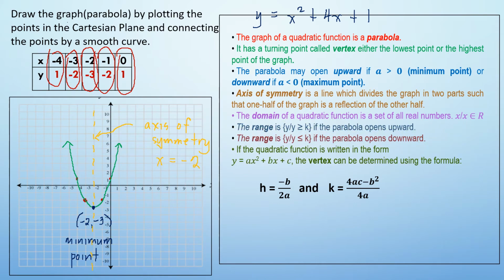The range is the set of all y such that y is less than or equal to k if the parabola opens downward. Since the parabola opens upward, therefore the range of the quadratic function is the set of all y such that y is greater than or equal to the value of k, which is -3.